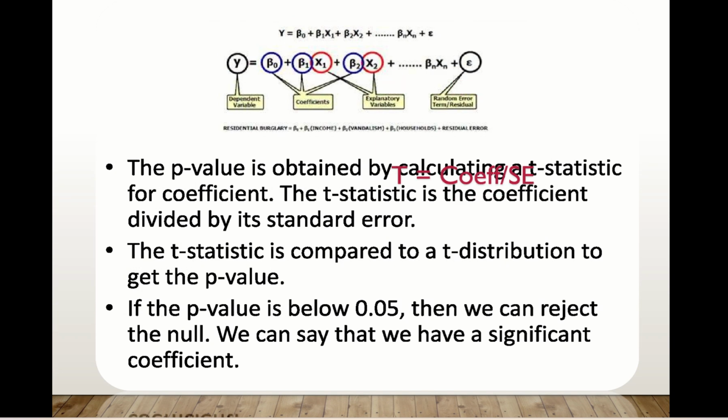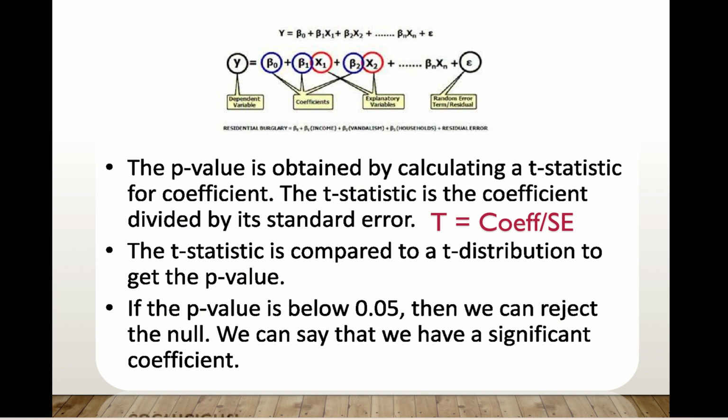And for each of these coefficients, or each of these predictor variables that we put into our regression formula, we can calculate a p-value to see if they are significant predictors or not. How we determine the p-value for each of our x values or input values is by determining the t-stat. Remember, we looked at t-tests a few lectures back.